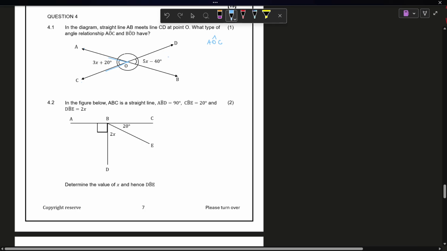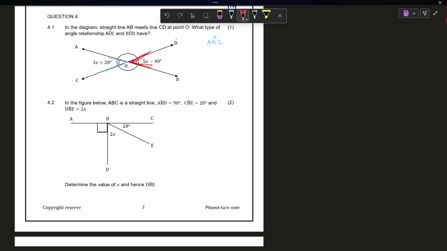And then what's the relationship between this angle and, let me just change, this one? So what's the type of relationship between this blue angle and the red one?